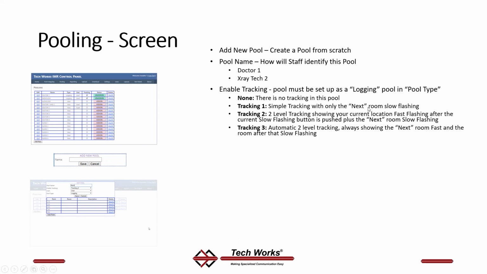Tracking 1, this is good old-fashioned doctor follow next patient. It means that in sequence, it creates a list of whose button was pushed first and the next room slow flashes. Tracking 2 is a little different. What happens is the current location that you're in is fast flashing, and it's showing you on the display your next one is slow flashing.